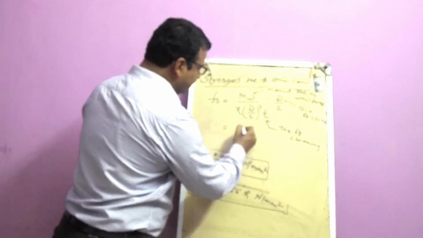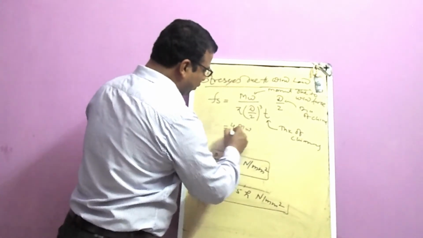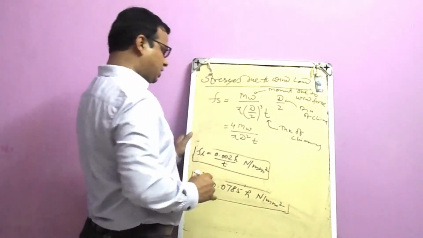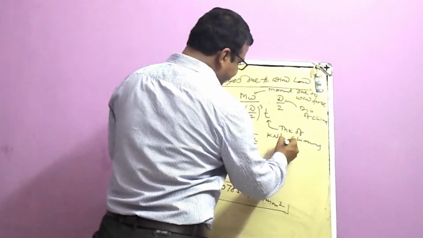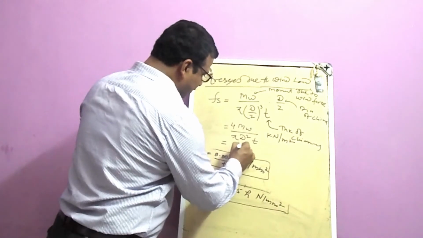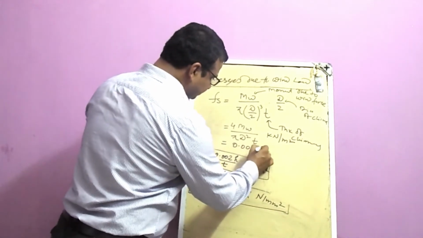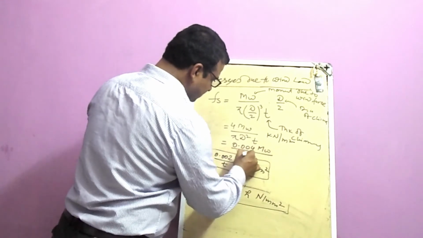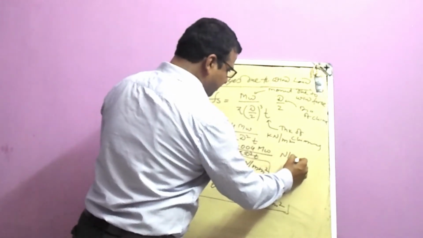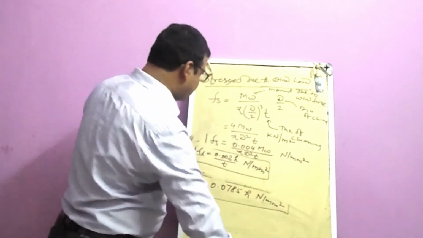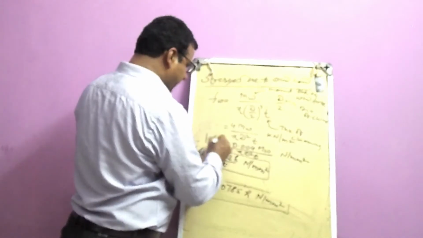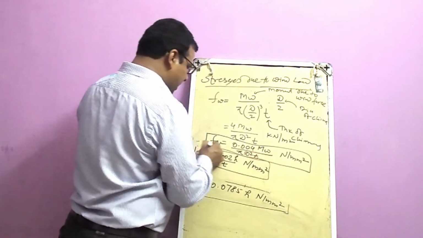If we simplify this, it will become 4 Mw upon pi d square into t. The stress will be in kilonewton per meter square, or if we simplify it, in Newton per mm square. So this Fs is the Fw, the stress due to wind.